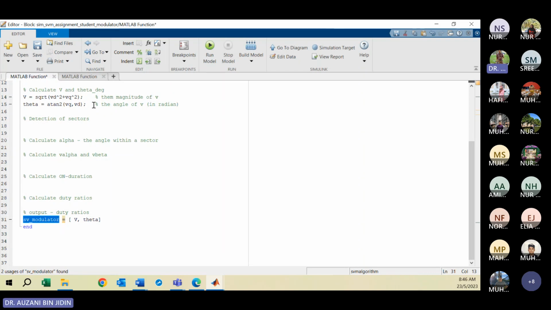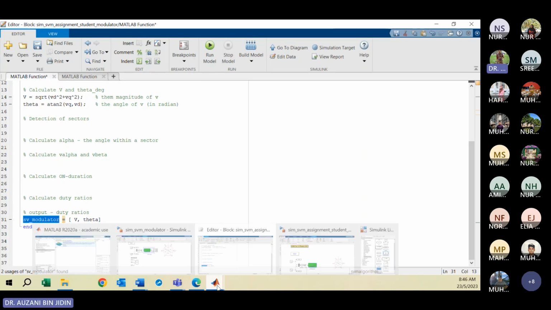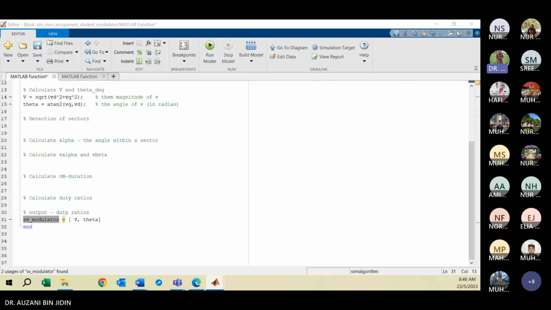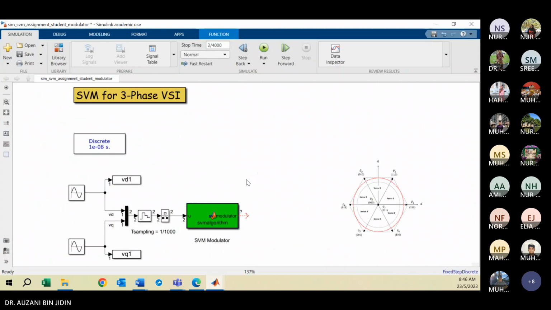So we need to verify, is the angle in radian or degree? Then we can try to simulate. Where is the file? Here. Before you simulate, because the block has one input and one output, this line actually carries two signals, the magnitude and angle.